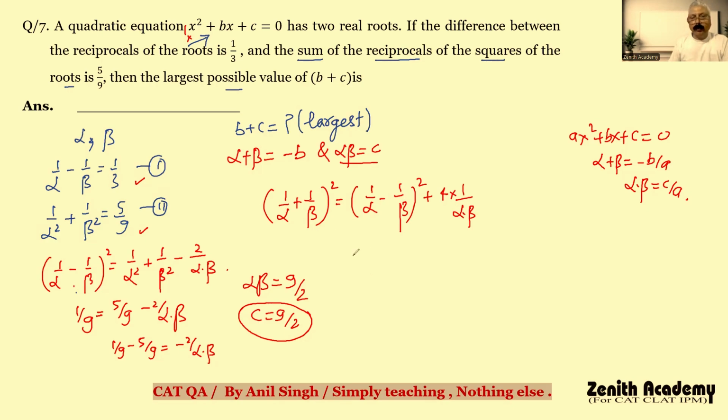This 1 upon alpha plus 1 upon beta can be written as alpha plus beta upon alpha beta. And 1 upon alpha minus 1 upon beta is 1 by 3 from equation 1, so its square is 1 by 9. And this 4 upon alpha beta is 4 upon c, and you already calculated c as 9 by 2. Here alpha plus beta is minus b, and alpha beta is equal to c, right?